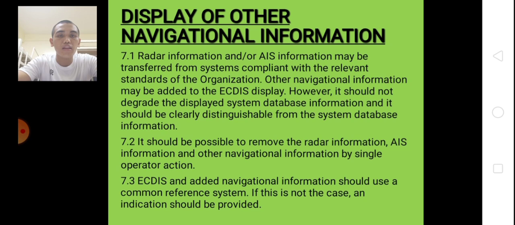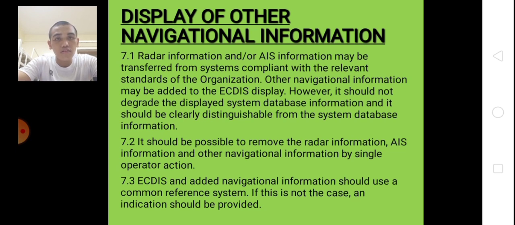And in 7.2 it's very understandable that in one single action of the operator, it should be possible to remove the radar information. And then in 7.3, ECDIS and added navigational information should use a common reference system. If this is not the case, an indication should be provided.